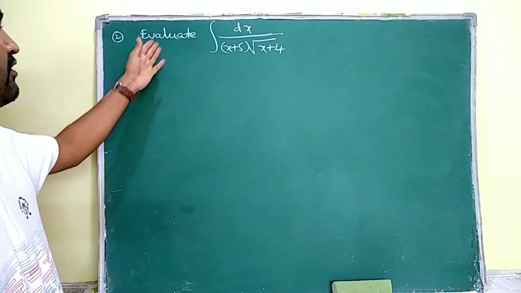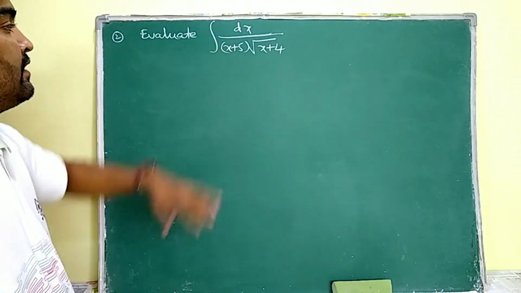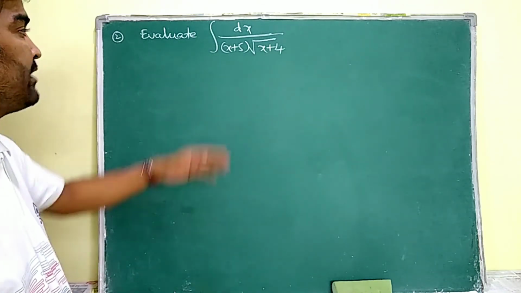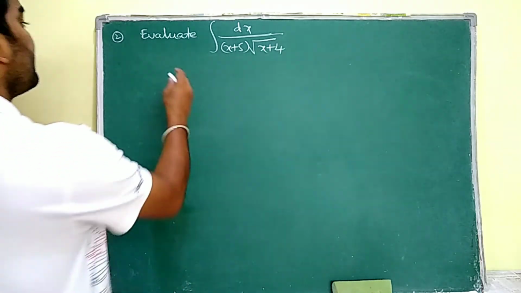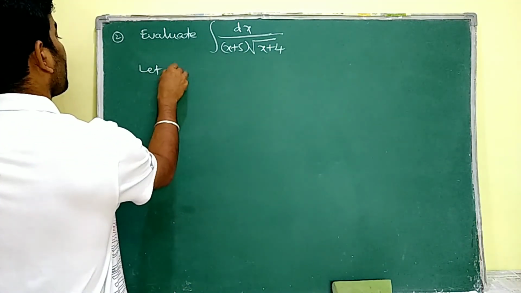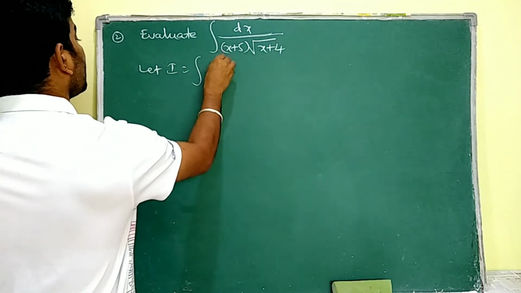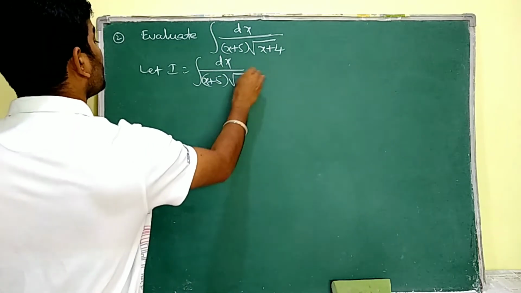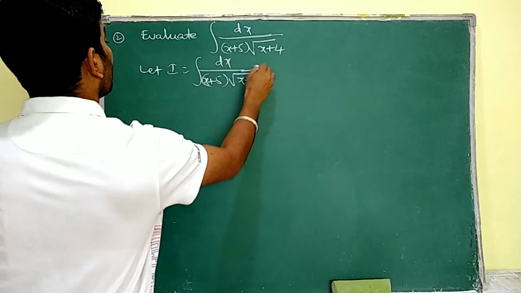Now evaluate the integral dx by (x plus 5) into root over x plus 4. Firstly, let I be equal to the integral dx by (x plus 5) into root over x plus 4.